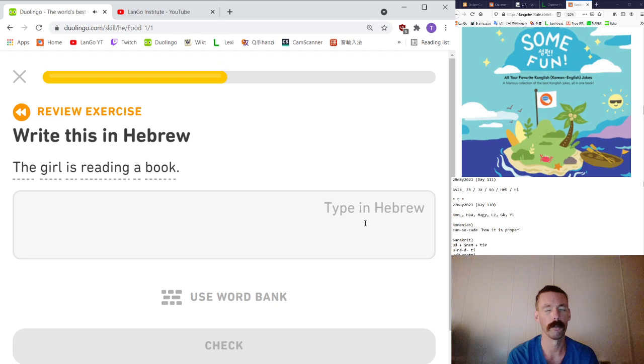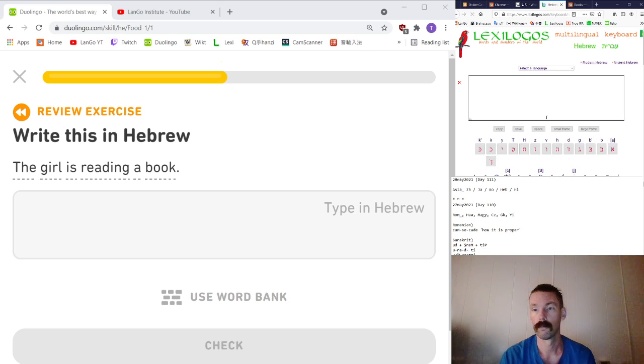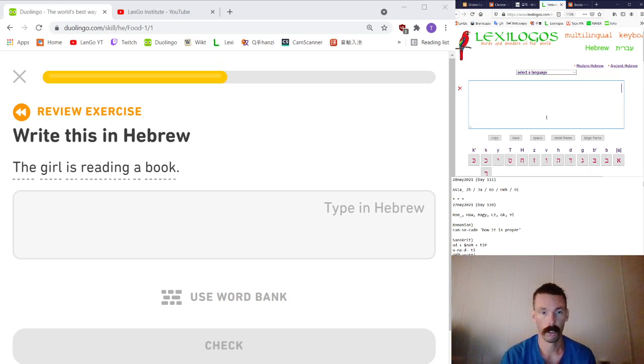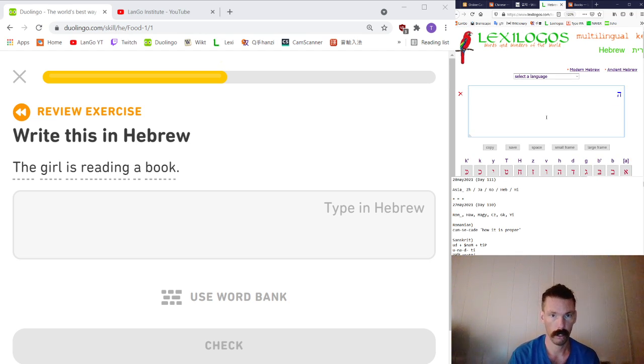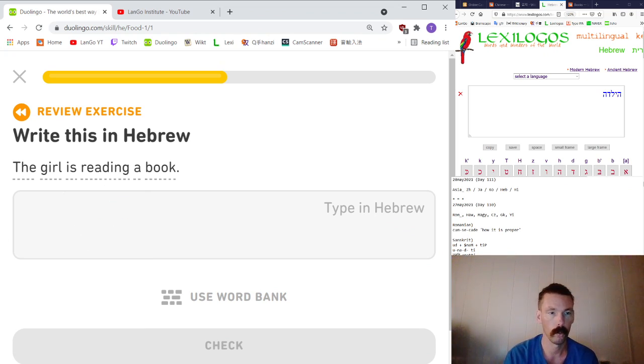The girl is reading a book. הילדה, something, הספר. So you need to get Hebrew keyboard. הילדה. Now I need the verb read. קוראת, maybe.